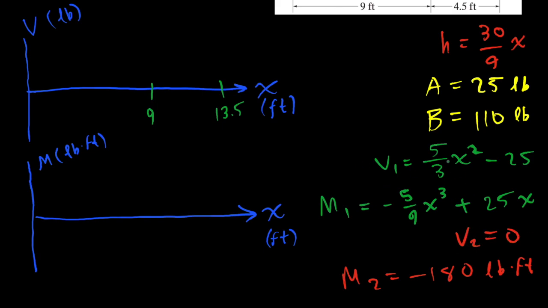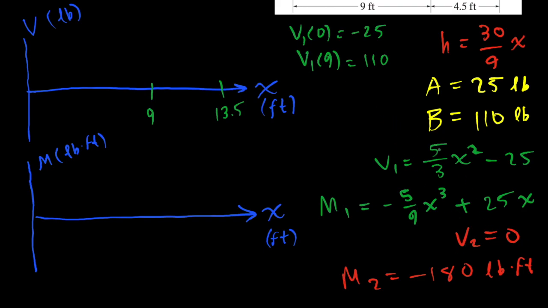So let's see. At x equals 0, we have this expression equivalent to negative 25. And at x equals 9, we have this expression equivalent to 110 pounds. So that's pretty important. Now let's check out the same for V2.